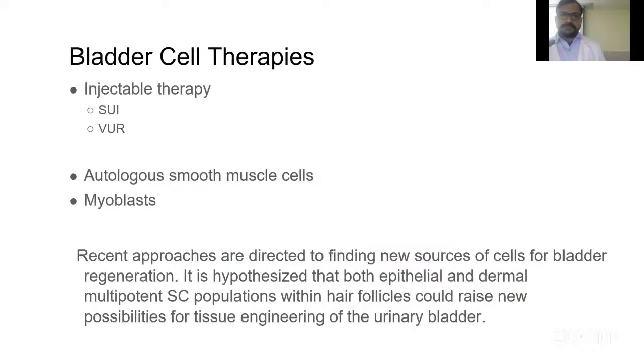Bladder cell therapies, injectable therapy, are used in stress incontinence and vesicoureteral reflux, using either autologous smooth muscle cells or myoblasts. Recent approaches are directed to finding new sources of cells for bladder regeneration. It is hypothesized that both epithelial and dermal multipotent stem cell populations within hair follicles should raise new possibilities for tissue engineering of the urinary bladder.